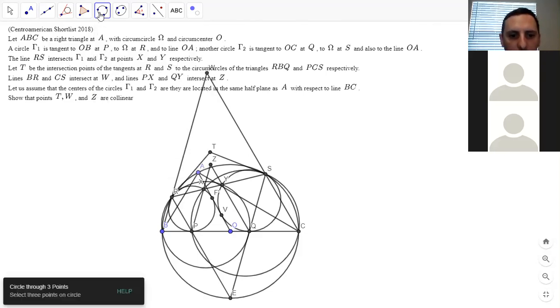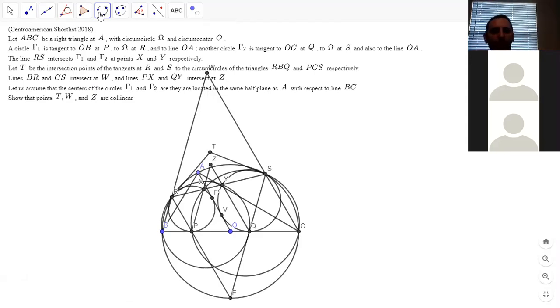But yeah, I guess that's just an angle chase. Yeah. But the hardest one is to prove that TR and TS are equal to each other. Okay. And it is just angle chasing. So that's also an angle chase because TRX is equal to RPY, so RBQ.